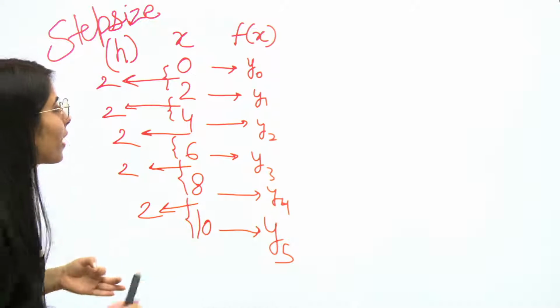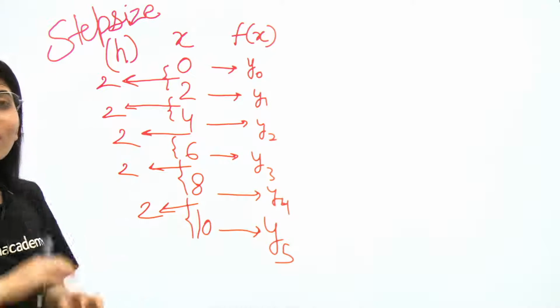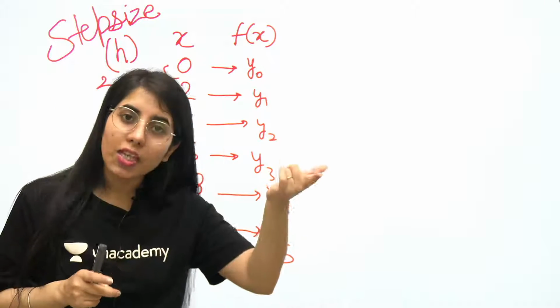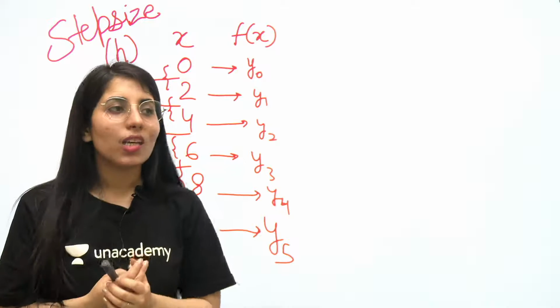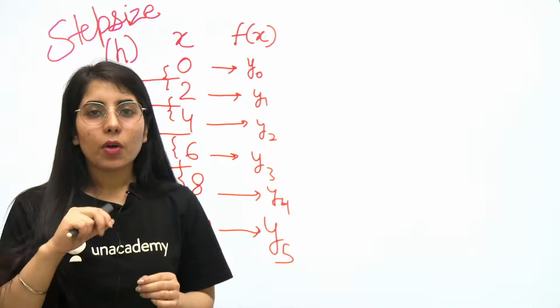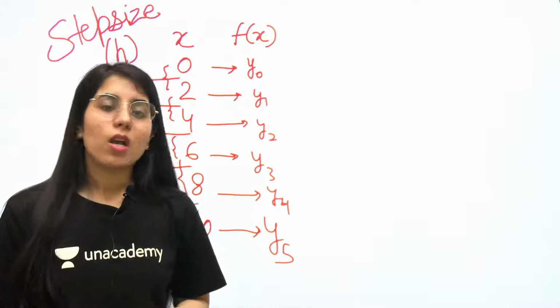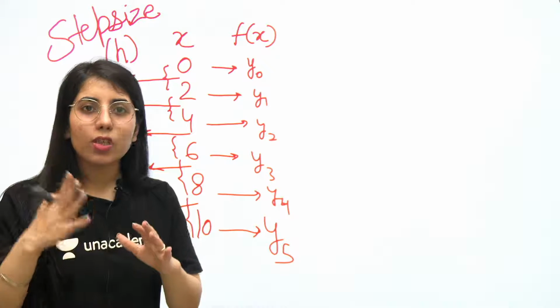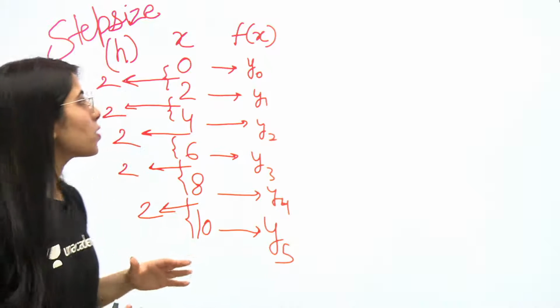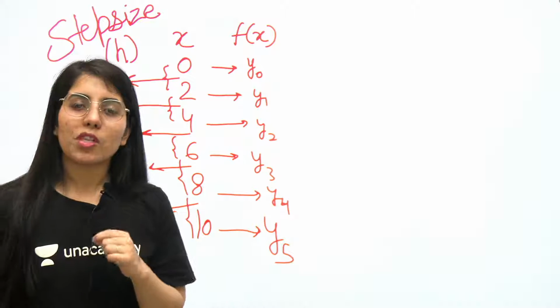Any value existing in between these values, they can ask you to find the value of the function at that particular point. They may not give you just 3, they can give you 3.75, 3.02, something like this. So you will have to use this method there, and it will make that calculation easy for you if you proceed by using Newton's forward difference method.